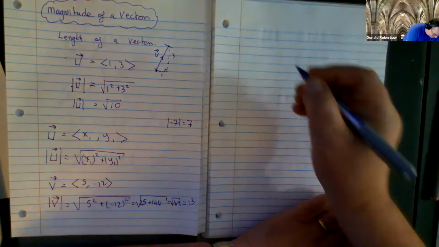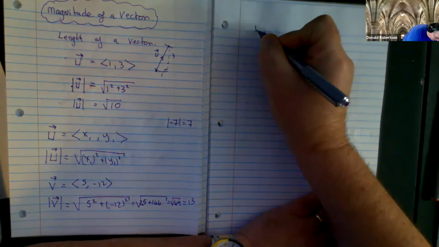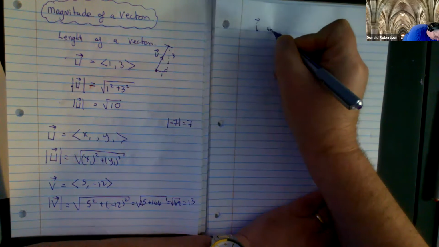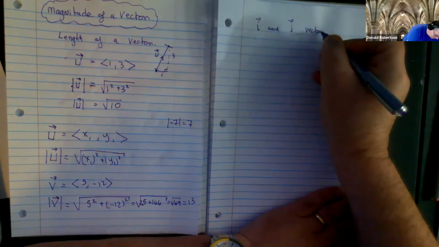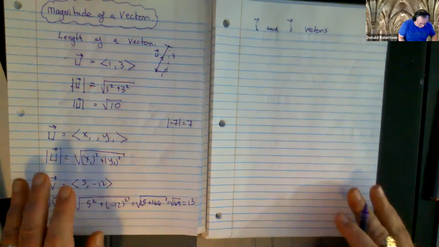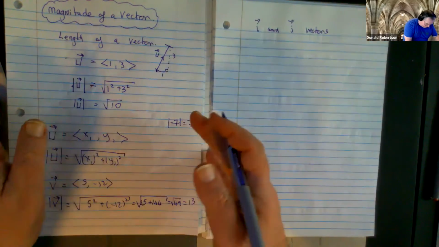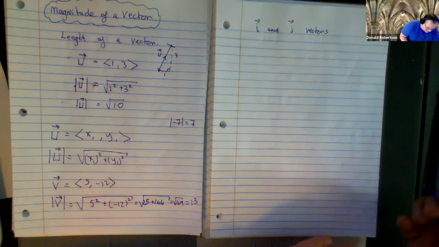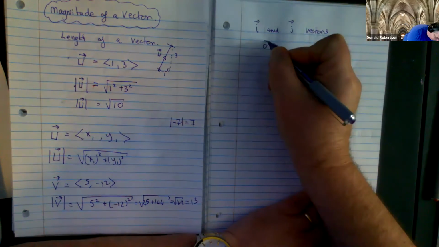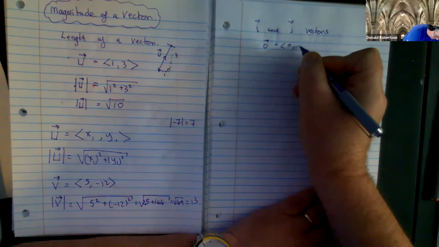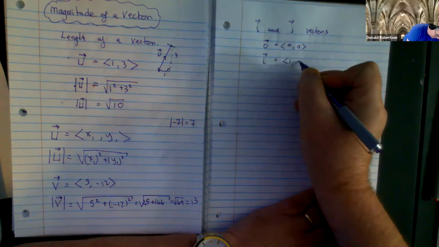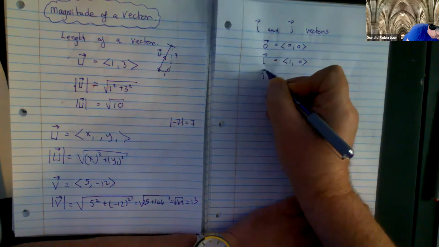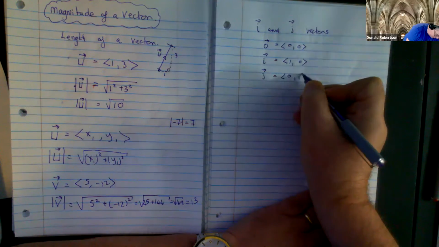Let's move and talk about the i and j vectors. There are 3 vectors that are so special that they are represented separately. We've already seen the 0 vector. The i vector is this one, and the j vector is this one.